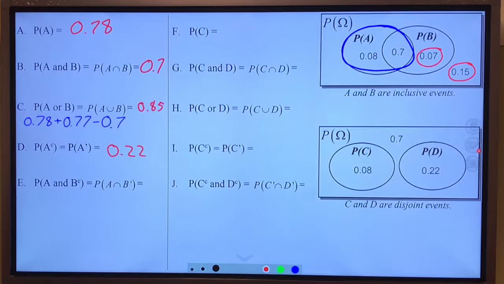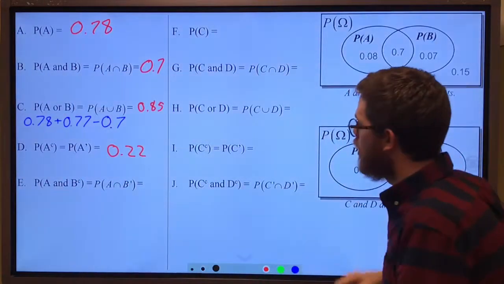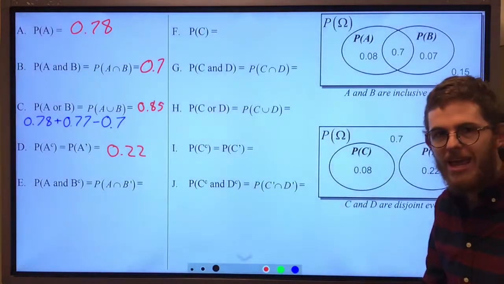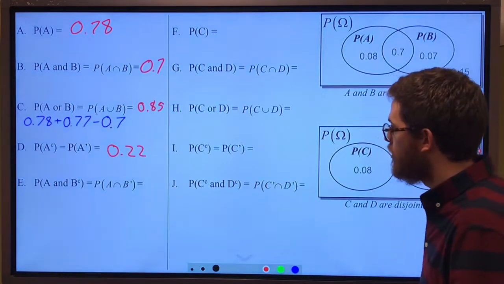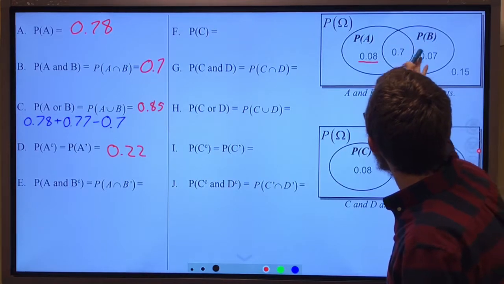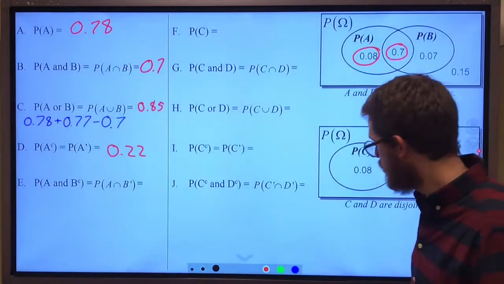Next, the probability of A and the complement of B. A and the complement, that means we have an overlap. That word and means we need to find what is true about both of these things. A and, so here's A, those two values.